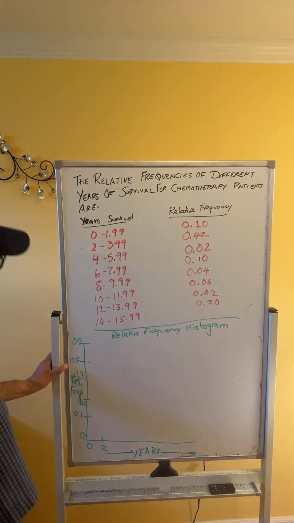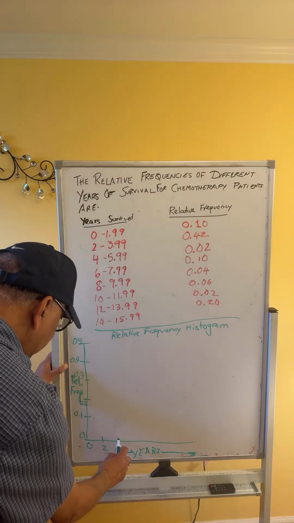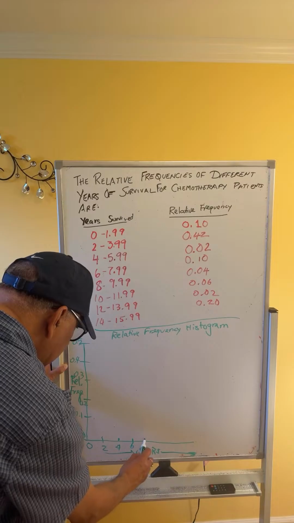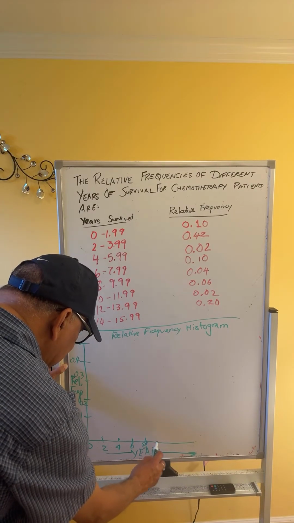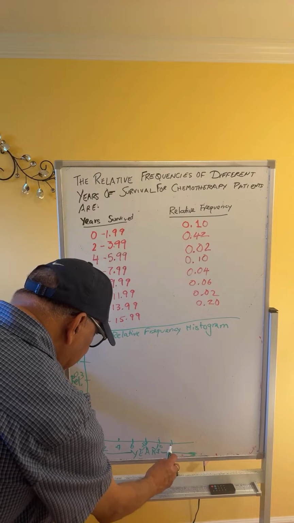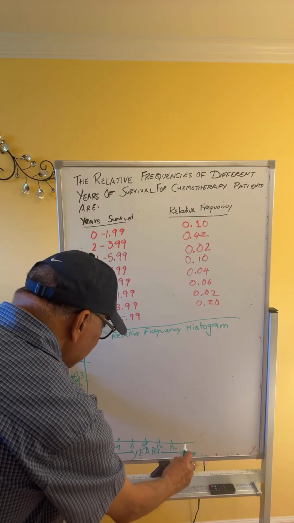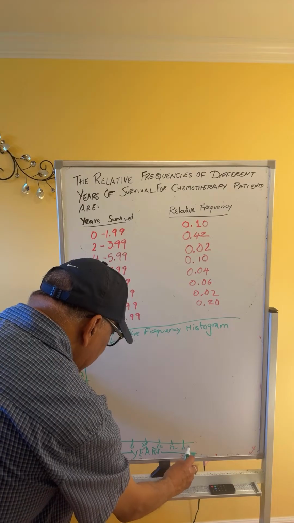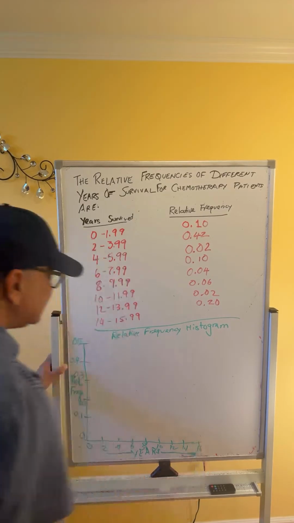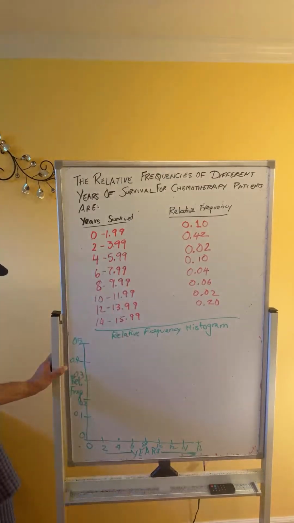So 0 to 2, then 2 to 4, 4 to 6, 6 to 8, 8 to 10, 10 to 12, 12 to 14, and the last one is 14 to 16.